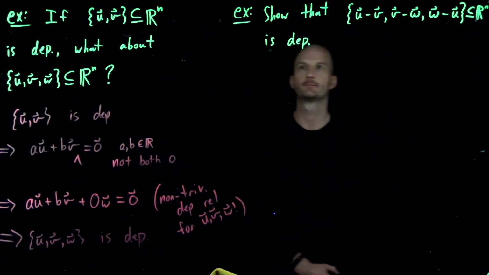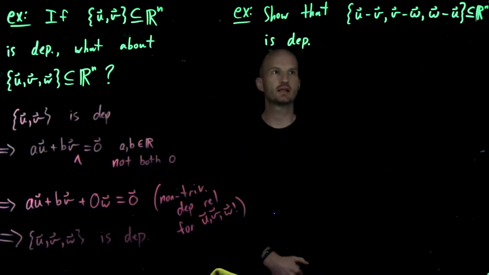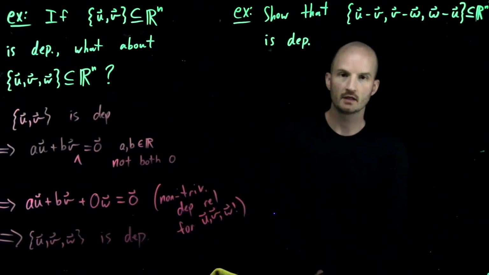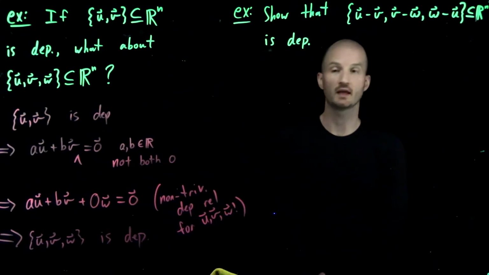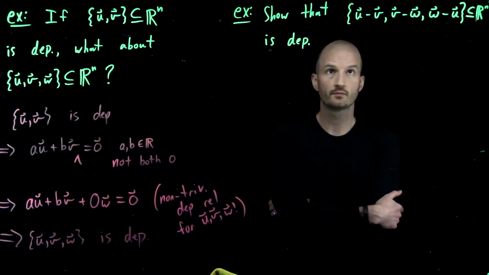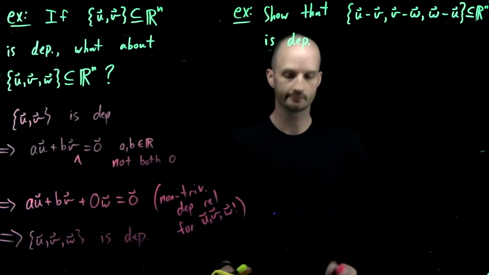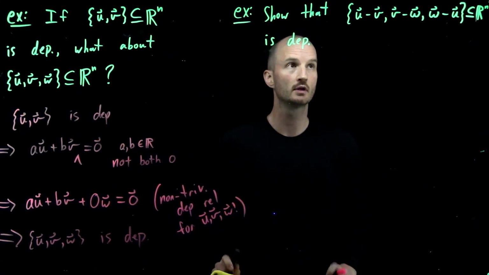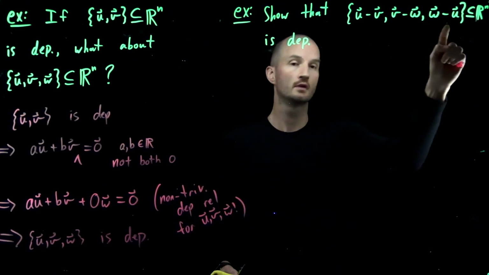Okay, next one. Why is this set dependent? Well, again, I'm going to have to go back to the definition. The definition says that this set is dependent if I can find a non-trivial dependence relation for these three vectors.